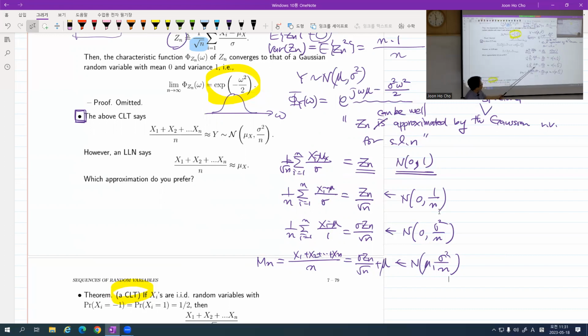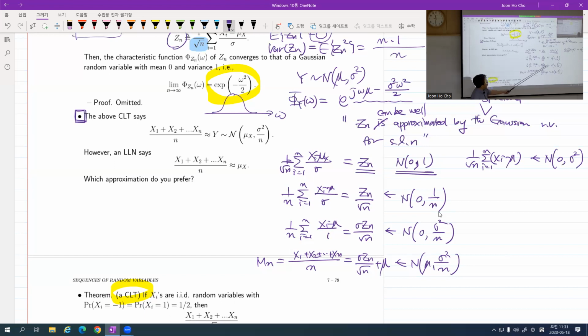Or rather, what you do is show this term converges to a Gaussian with zero mean and variance sigma squared, since you multiplied by sigma.